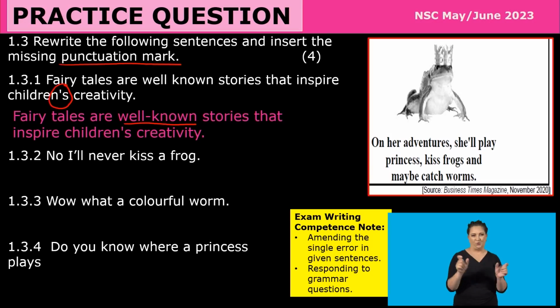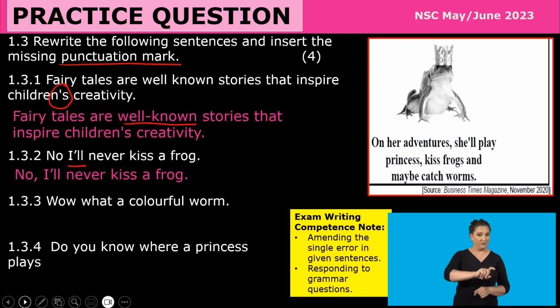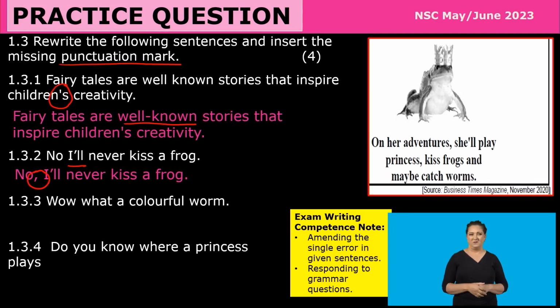No, I'll never kiss a frog. And you're going to say again, but what do they need? I see a punctuation mark already. In our response, no. Remember, our comma needs to follow after a yes or no affirmation. Wow, what a colorful worm. All right, already by the reading, wow, what a colorful worm.